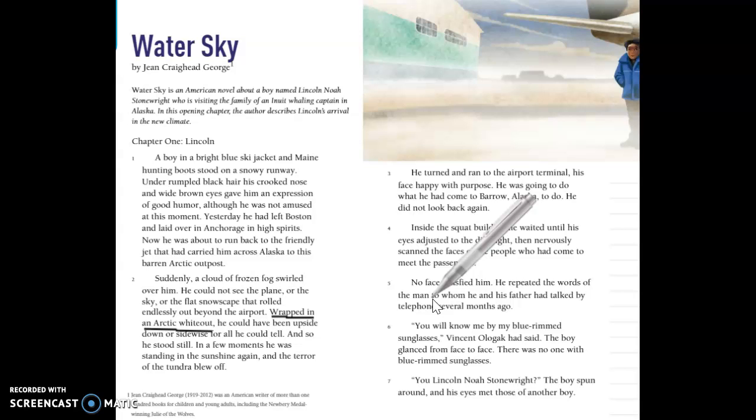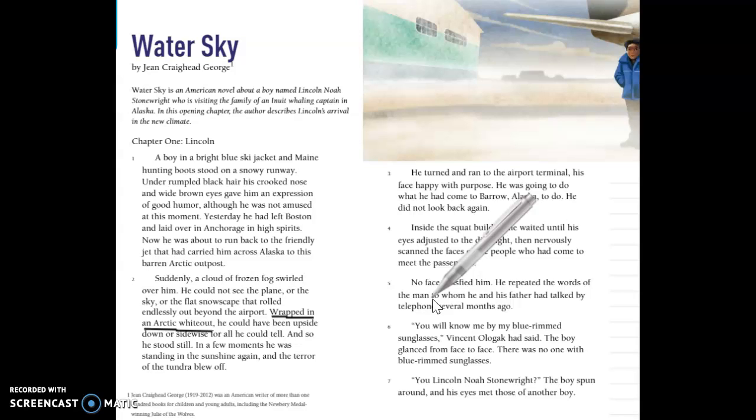So, first of all, how do I know that this is a metaphor? Well, one reason I know this is a metaphor and not literal language is that it's impossible to be wrapped in an Arctic whiteout.